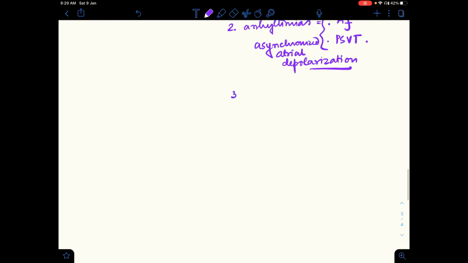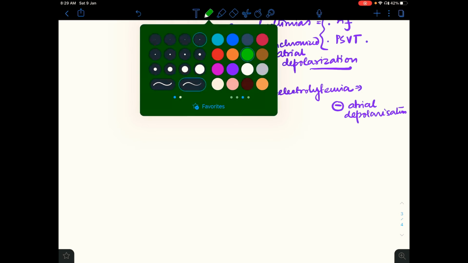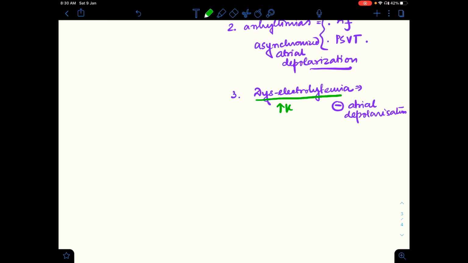The third is dyselectrolytemia, which inhibits atrial depolarization. Dyselectrolytemia can be increased potassium.